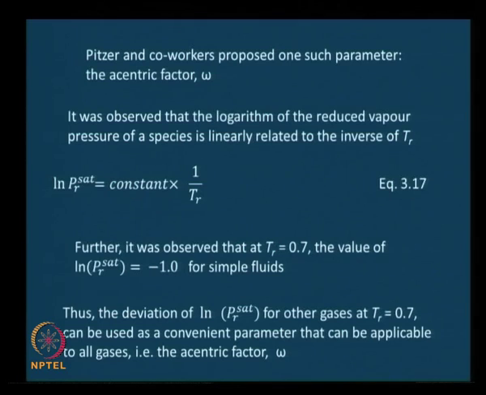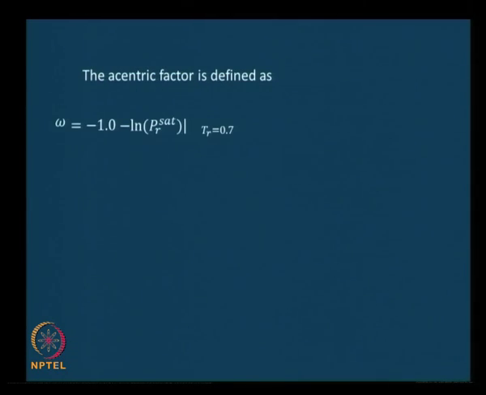That was the thinking, and that was defined as the acentric factor: omega equals -1 minus log of PR sat at Tr equals 0.7. We will call this equation 318.